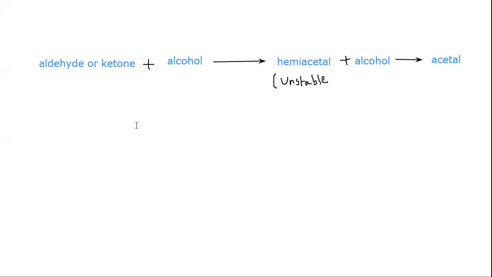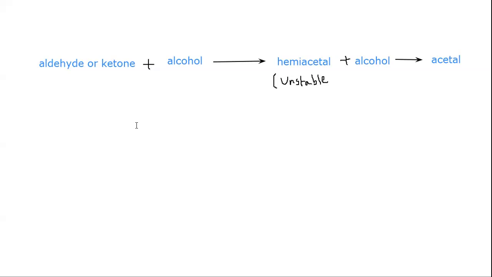If you have an aldehyde or ketone, when you add alcohol on aldehyde or ketone, you form hemiacetal. But that hemiacetal is unstable. So it immediately combines with another molecule of alcohol to form acetals.